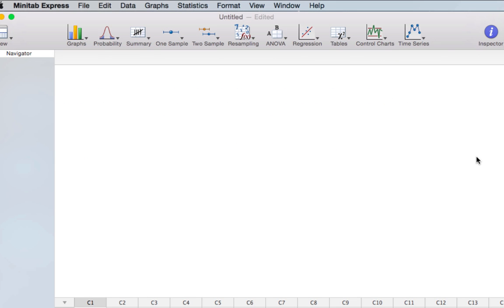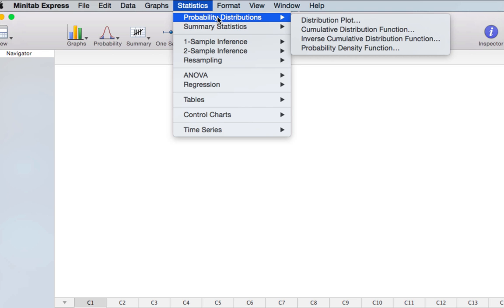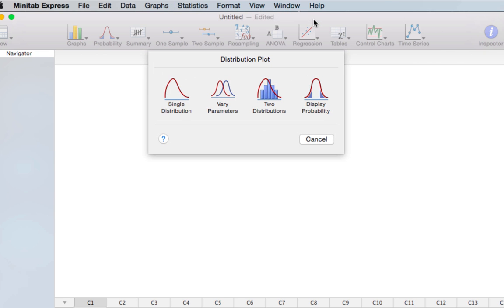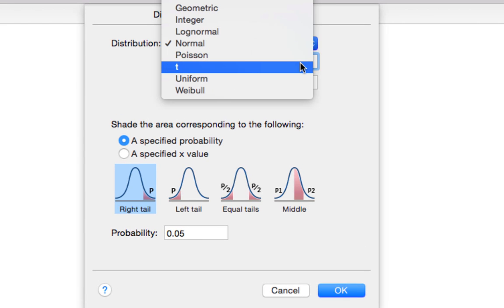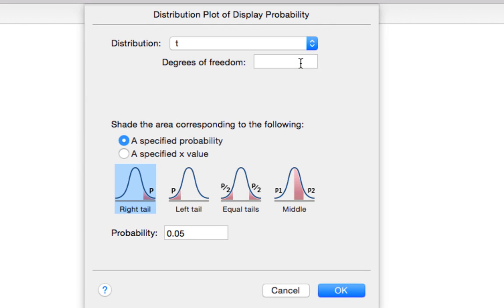To construct a probability distribution plot, I'll go to Statistics, Probability Distributions, Distribution Plot. We want to display probability. We have a t distribution with 29 degrees of freedom.